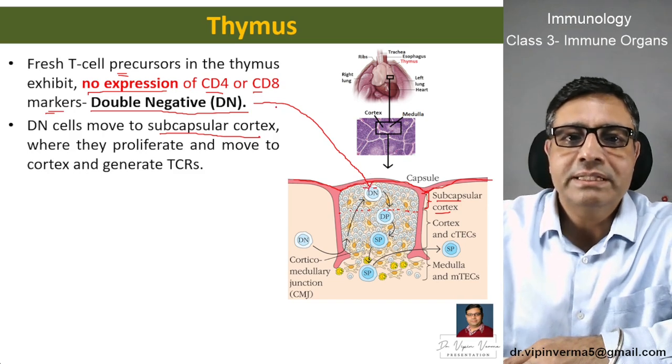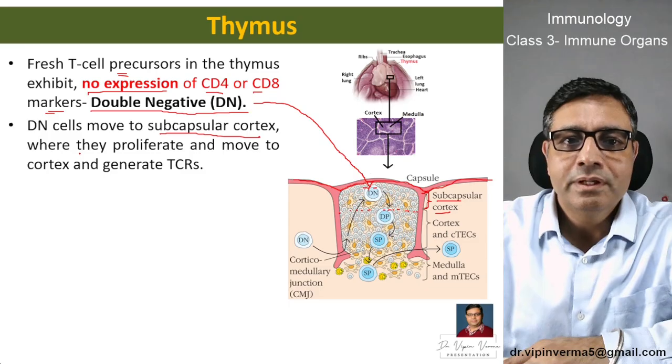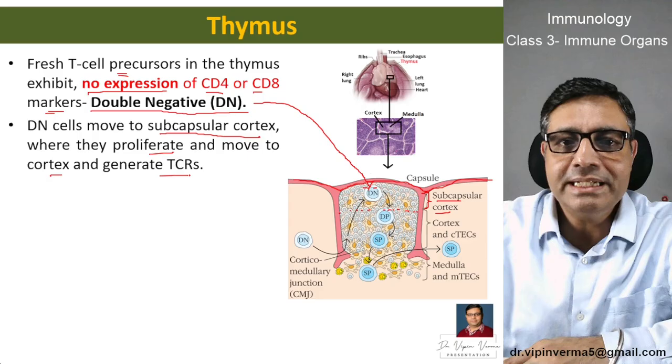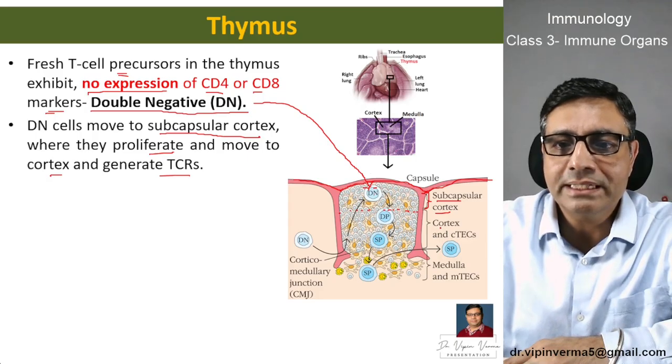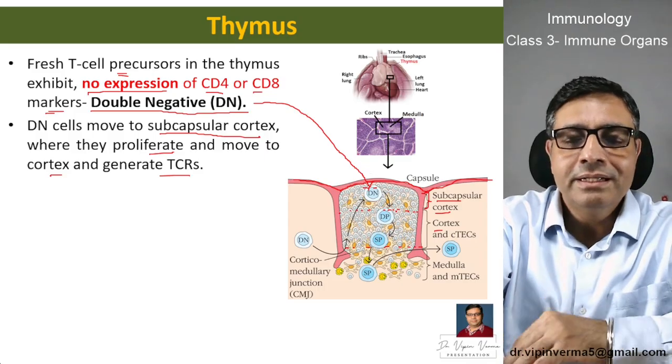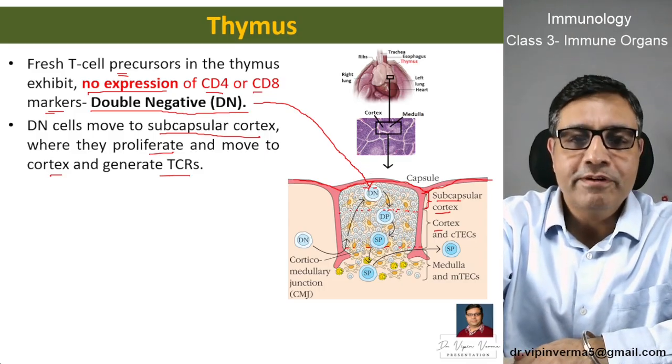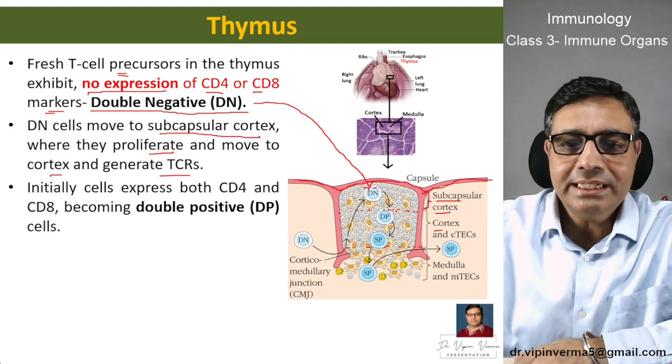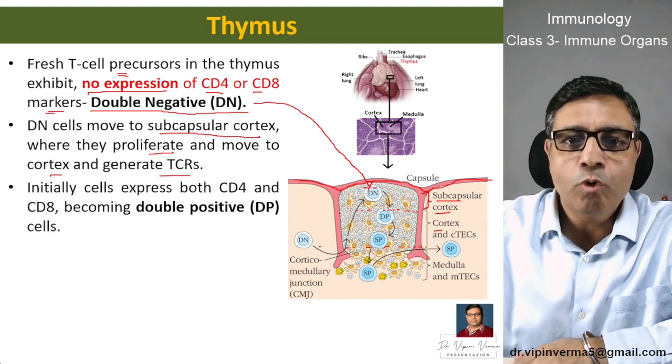They proliferate and move to the cortex and generate TCRs. So now the DN cells are moving to the cortex. This is the cortical part, and here in the cortex they are generating their TCRs. Slowly they are under the progressive development stage. Initially cells express both CD4 and CD8.